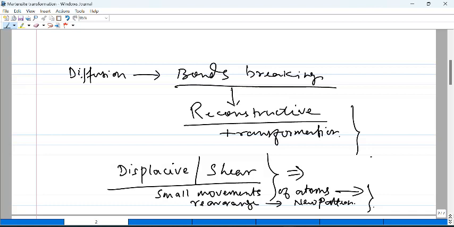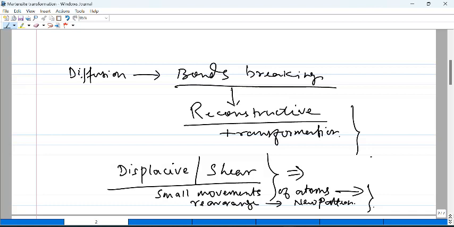So here, instead of breaking the bonds, the new pattern of the product phase forms through some small, coordinated movements of atoms across the interface between the parent phase and the transformed phase.